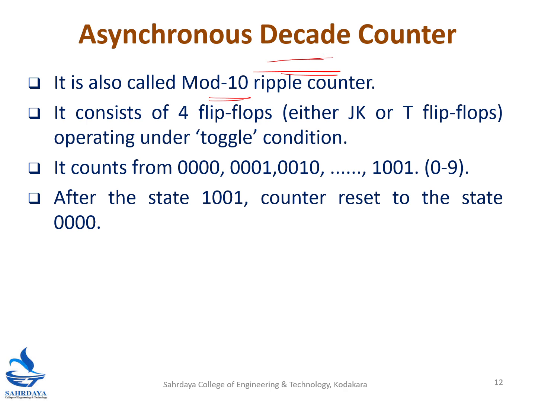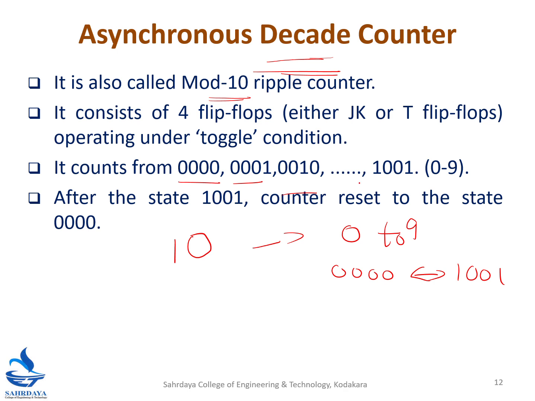A mode 10 counter means there will be 10 distinct states, or it can count from 0 to 9. 0 means 0, 0, 0, 0, and 9 is represented by 1, 0, 0, 1. So there will be 10 distinct states from 0, 0, 0, 0, 0, 0, 0, 1, 0, 0, 1, 0, up to 1, 0, 0, 1.